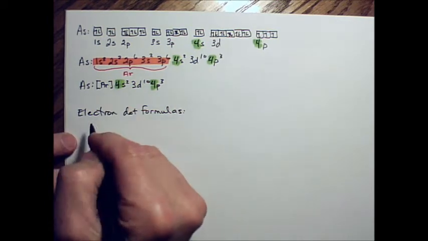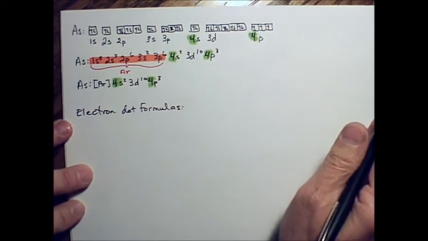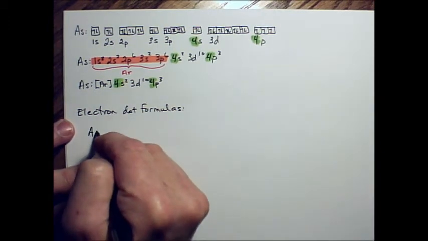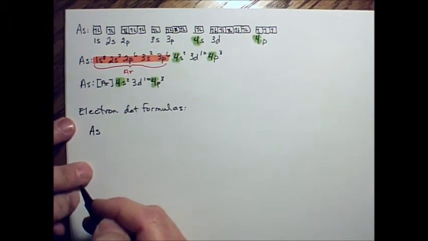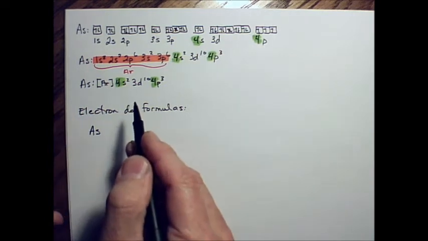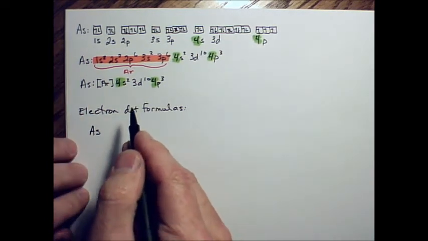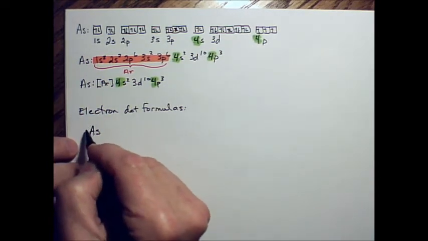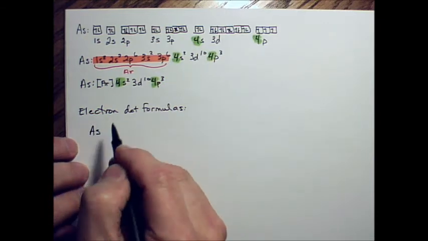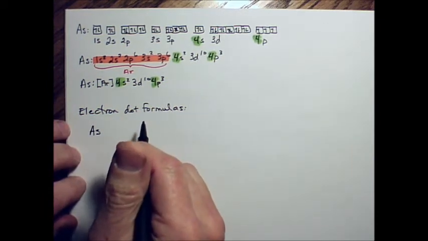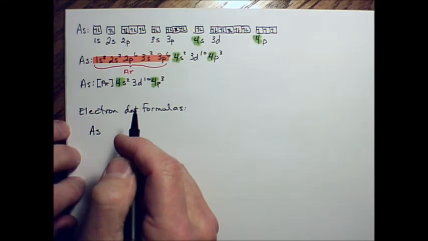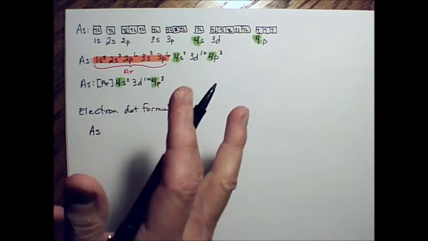So for arsenic, we're going to write the symbol for arsenic, and we're going to count the number of electrons, and that's a total of 5. Then we're going to imagine a square around arsenic, an imaginary square. I want to put 1 dot on each of those 4 sides until I run out.